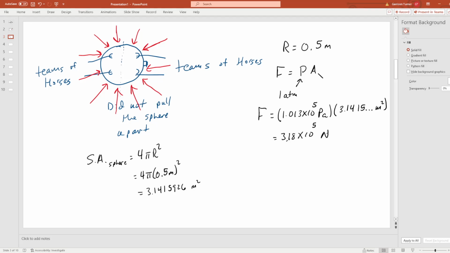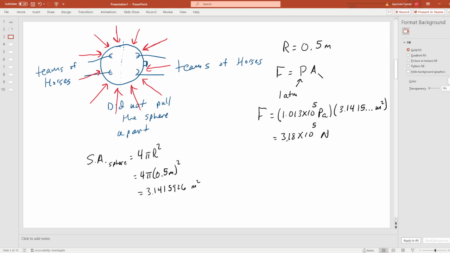Almost a third of a million newtons just on a vacuumed out sphere with a diameter of a meter. This is not the largest thing that's ever been built, and even just on that object, there's over 300,000 newtons of force pushing in on it.